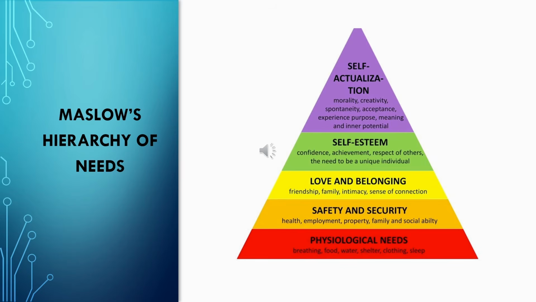Next, the third level includes love and belonging needs. The basic physiological needs are necessary, as well as safety and security, and we also require love and belongingness, right? These are needs like love, acceptance, understanding, and belonging from family, friends, and community.